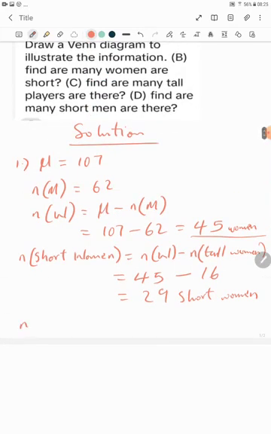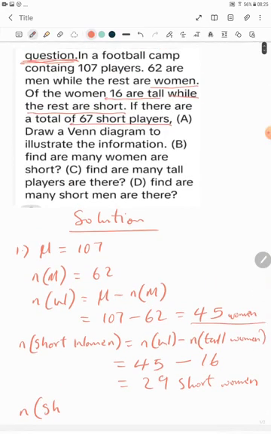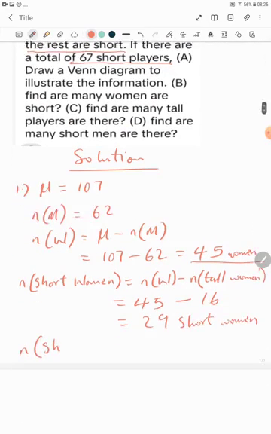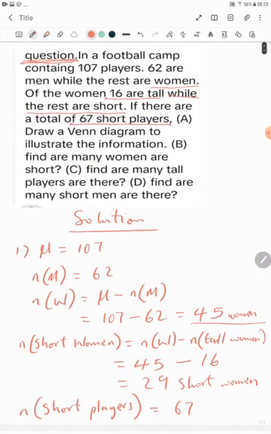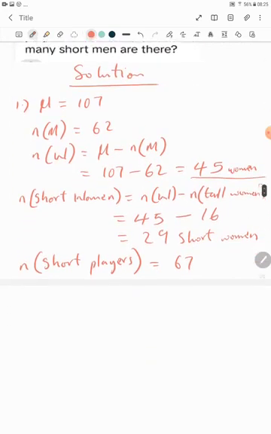So the number of short players, both genders, equals 67. So we have a total of 67 short players.